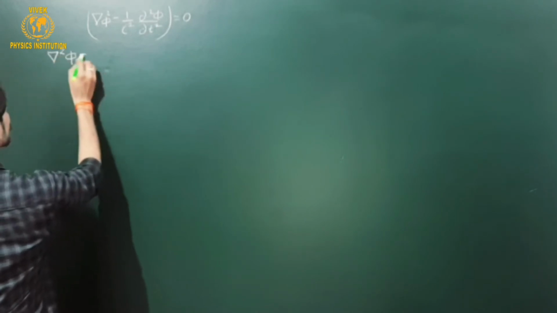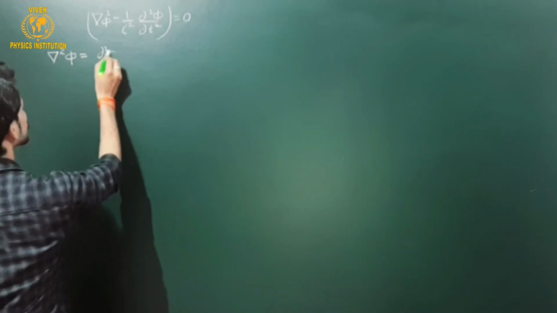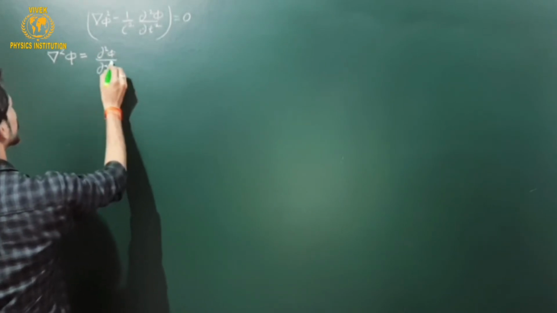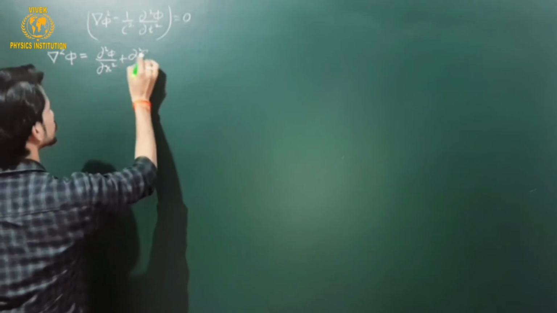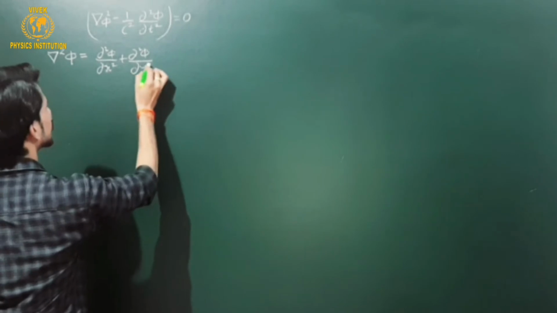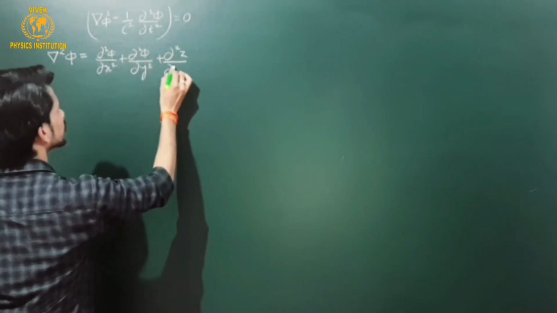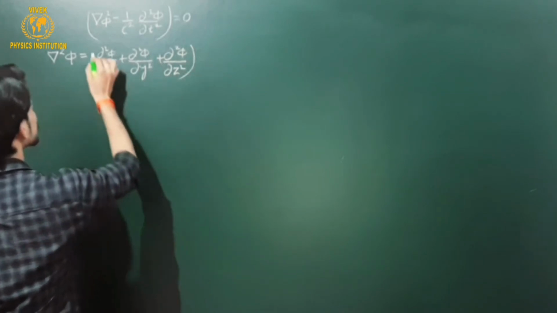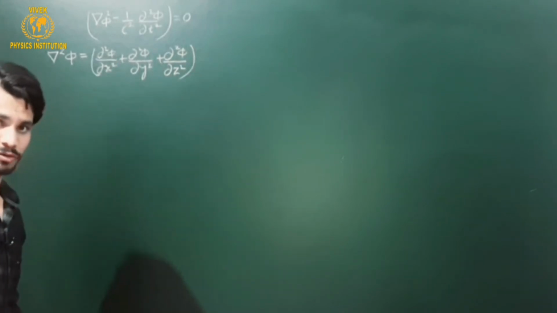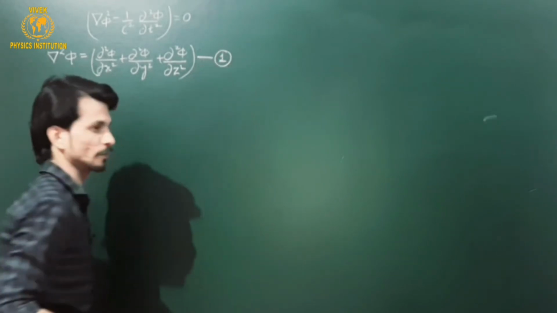The value of del square phi is del square phi upon del x square plus del square phi upon del y square plus del square phi upon del z square. This is the value for del square phi. Let me write this equation as 1.